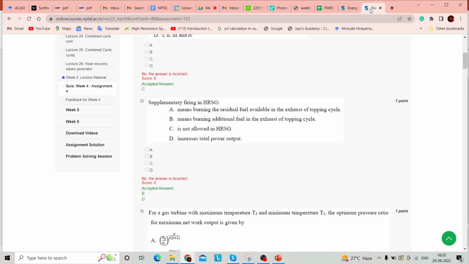We will not supply additional fuel; we only make use of the residual fuel in the exhaust of the topping cycle, isn't it? You are saying answer A is correct? Yes, answer A is correct, ma'am, not B, because we will not supply any additional fuel to the cycle. No, we supply additional fuel in the bottoming cycle. But the question is about the topping cycle, you know. Yes, yes.